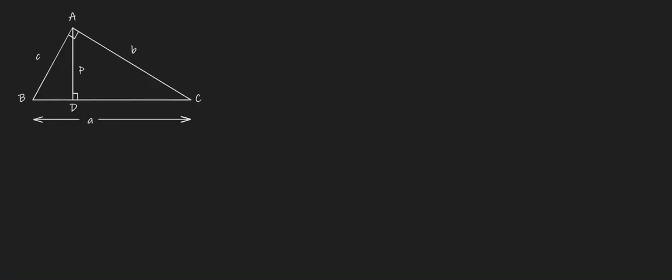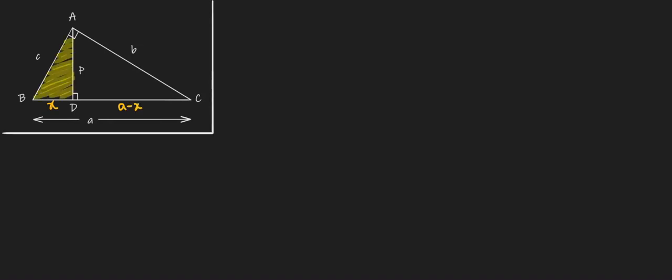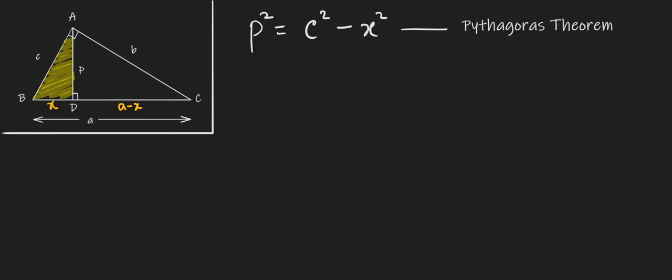Now let us assume that BD is X. So DC becomes A minus X. In the triangle ABD, angle ADB is 90 degrees. So P square is equal to C square minus X square, right? According to Pythagoras Theorem.